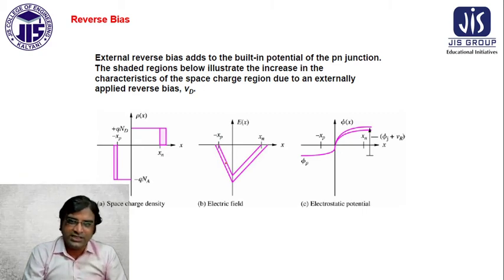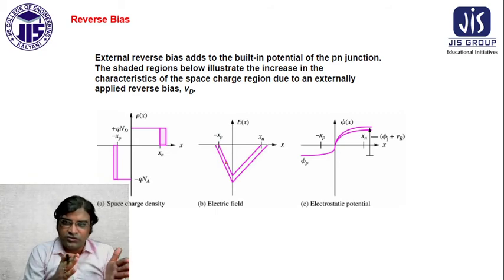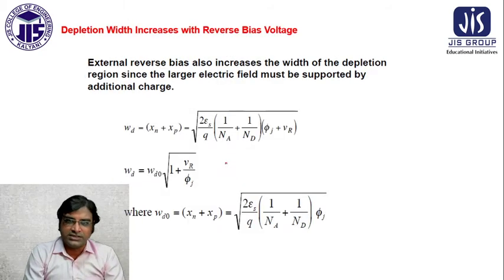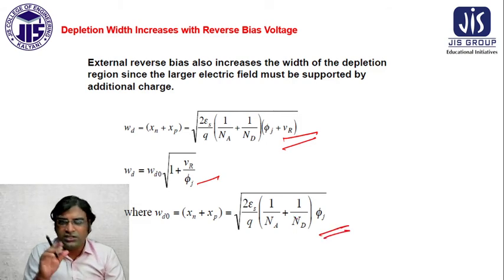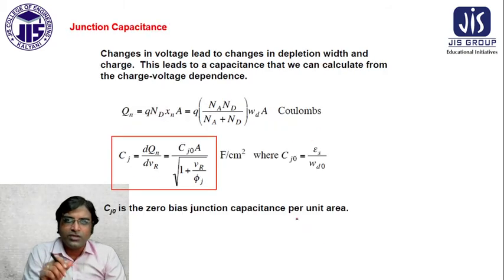That is the field representation which we already covered previously. So this is the depletion width increasing with reverse bias voltage. How it increases is represented in these particular expressions. Actually, in your syllabus only the expressions are written, so for that reason I am representing it this way.